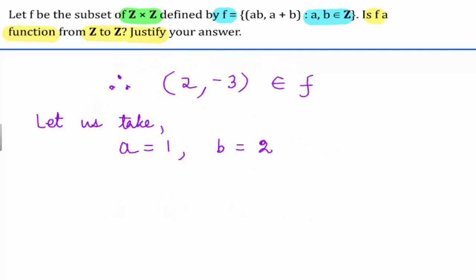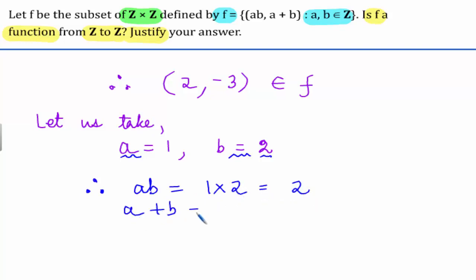Now let us take a equal to 1 and b equal to 2. Therefore, we will have ab equal to 1 into 2, that is equal to 2, and a plus b will be equal to 1 plus 2, that is equal to 3. Therefore, (2, 3) belongs to f.